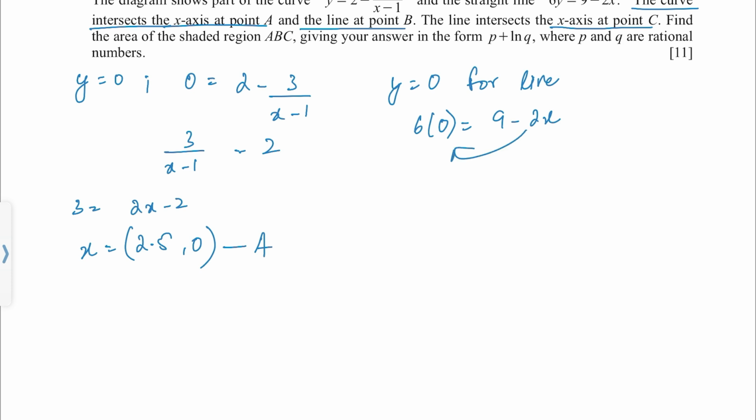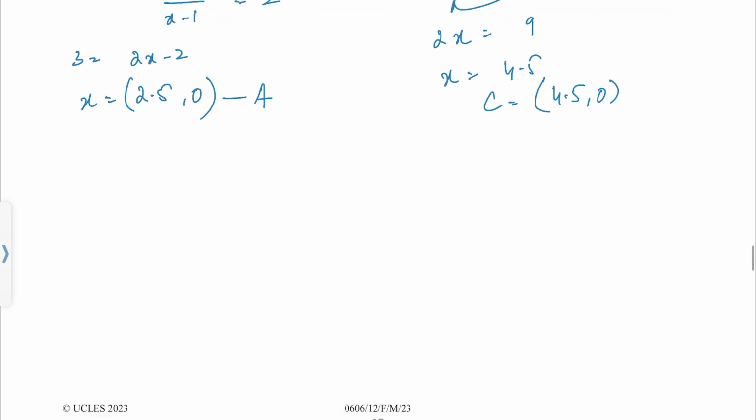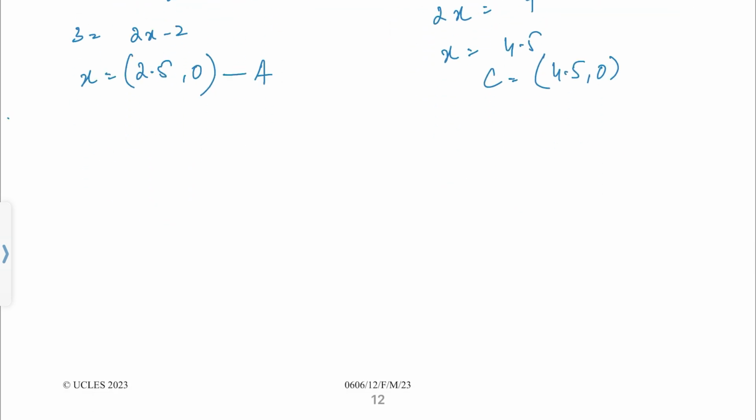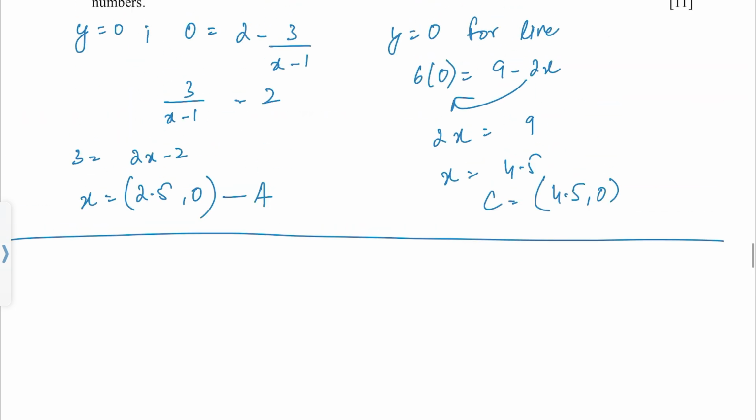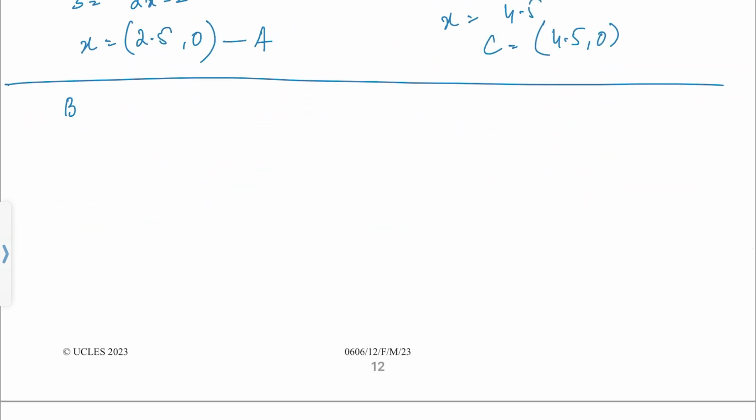And this 2x would go there. So we'll be getting 2x equal to 9, x would be 4.5. So C would be 4.5, comma 0. So we got our two answers, A and C. We need our B.